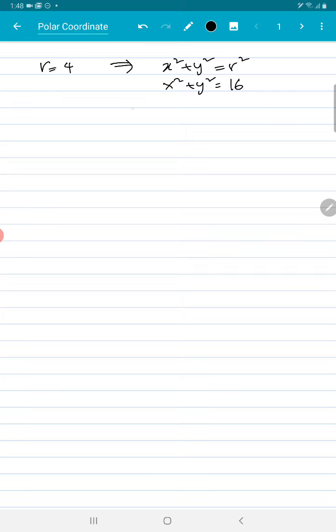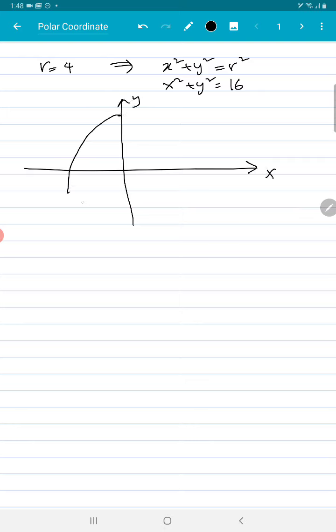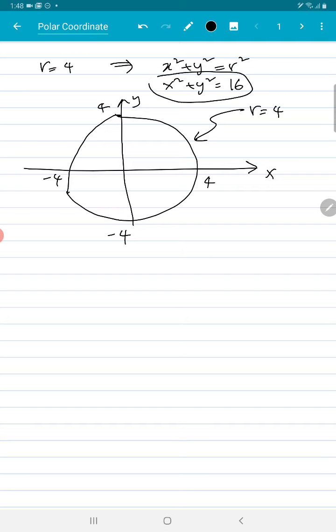So this is a circle of radius 4 centering at the origin. So here we have, let's say that's a 4, there's a 4. It's an ugly circle. So we have 4, 4, negative 4, negative 4. So another name for that is r equals 4. Or you can use this equation, x squared plus y squared equals 16. So 16 is really r squared.